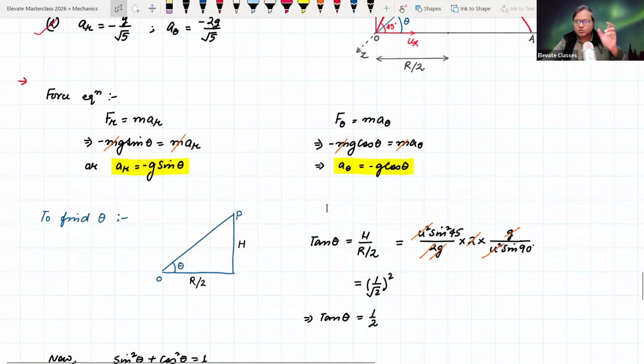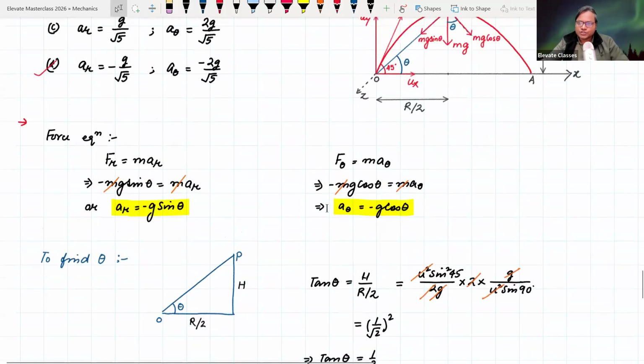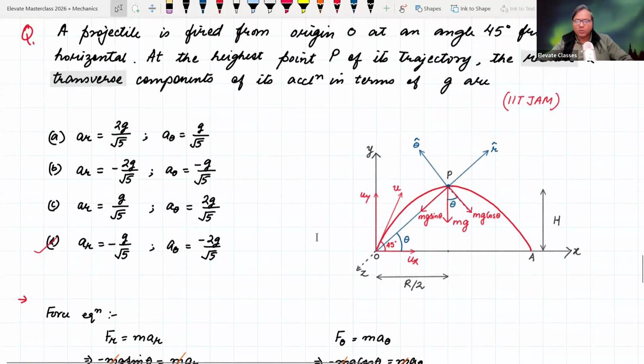If you understand all these 2-3 things, you can connect the dots to come up with the answer to this particular problem.